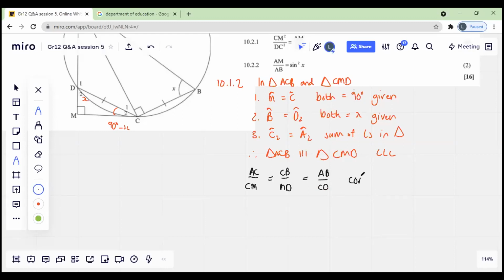And then that would be corresponding sides in proportion. Let's just check BC over MD is AB over DC.